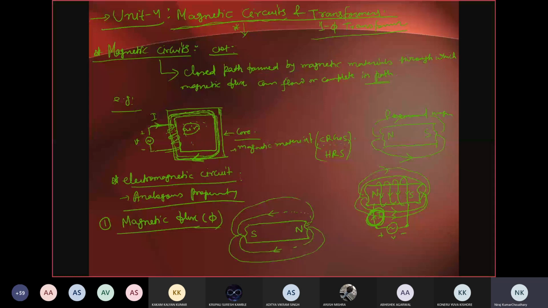So flux can be defined as your amount of lines of forces originating from north pole towards the south pole.